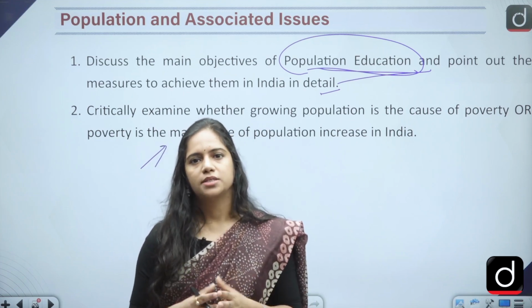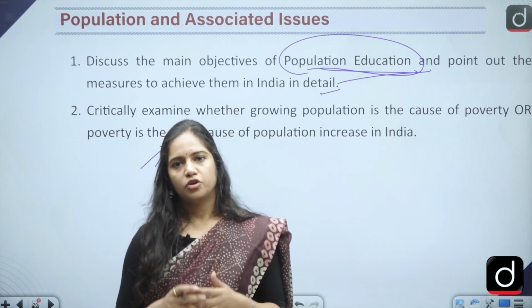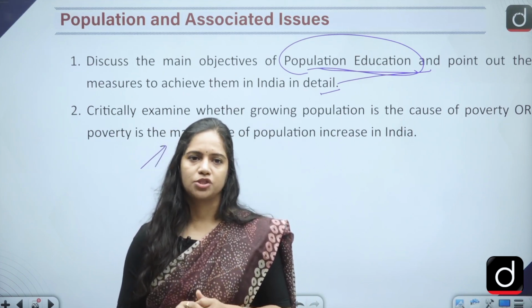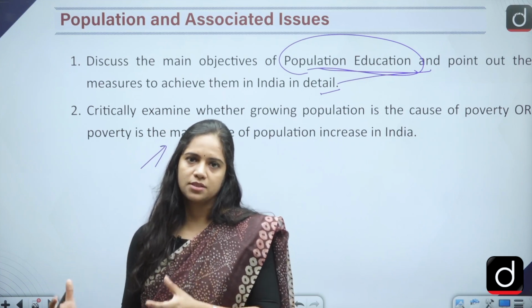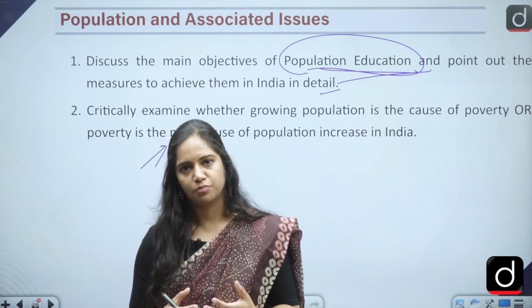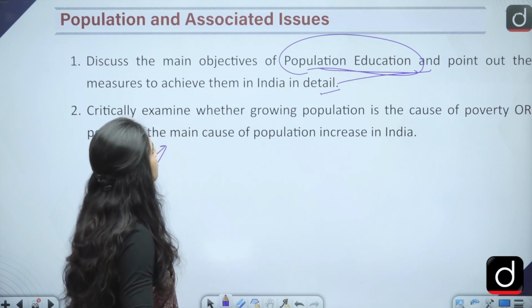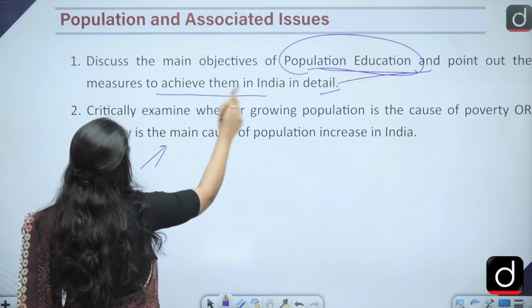So this is what you understand by population education. How has the government moved from enforcing population control measures to having welfare schemes or incentives for people to reduce the family size? Why is it important? So this is all about population education. And point out the measures to achieve them in India in detail.